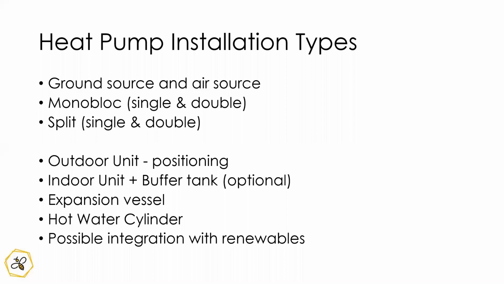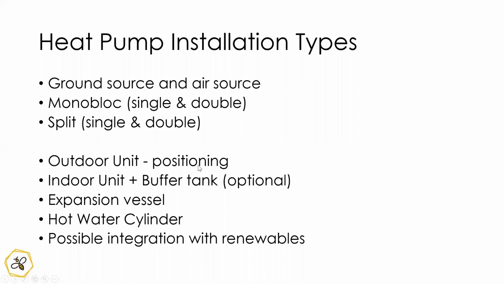Now, in terms of the installations themselves, I think we saw this last time. So you've got your ground source and your air source. You've got monoblock, so basically that entire refrigerant circuit is contained within the outdoor unit, or you've got your split, in which case your evaporator and your condenser parts are split between inside and out.